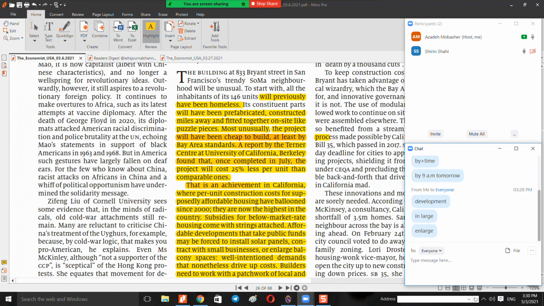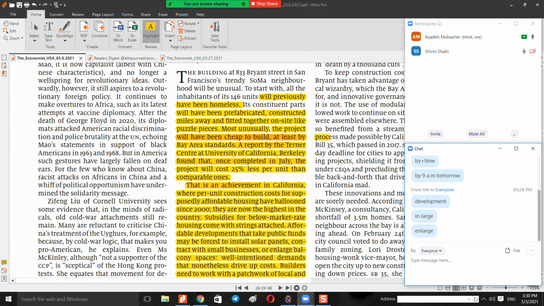Well intentioned means good intention. Very good. The next one, nonetheless, is a formal word. It means in spite of something. Yes, and the synonym is nevertheless.